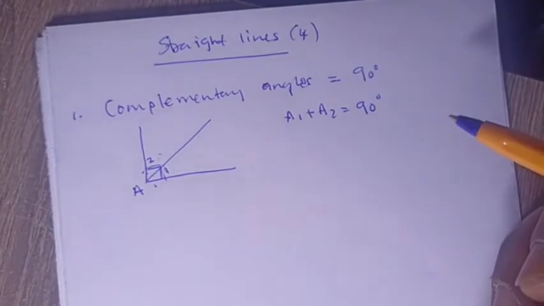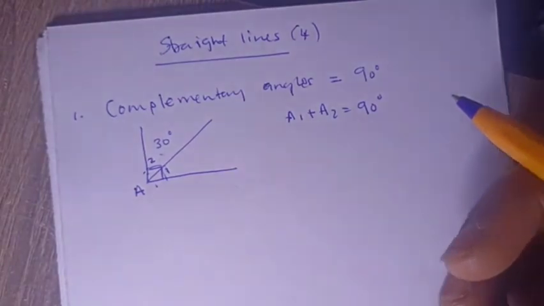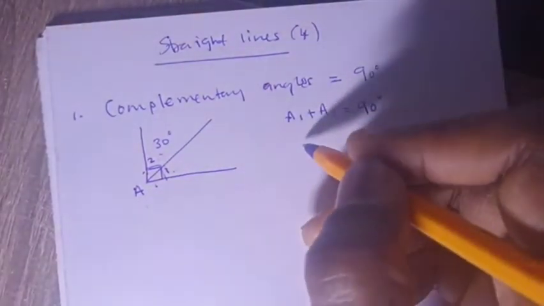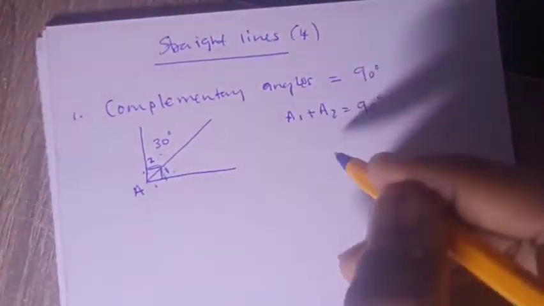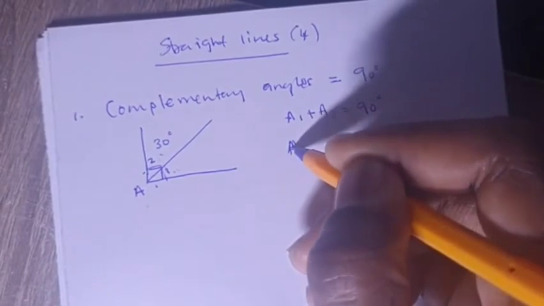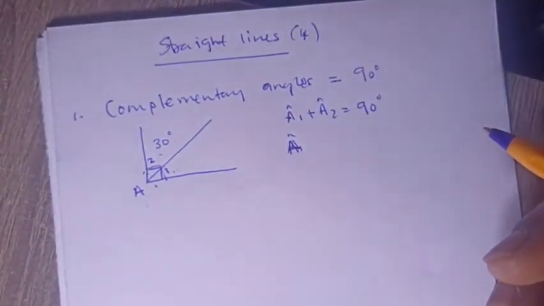So when I add these 2 angles, I must get 90 degrees because they form a right angle right there. So if they tell you that angle A2 is 30 degrees, and they say find the other angle, what are you going to do? You're going to say, in the place of A2, I'm looking for A1. Remember, the symbol for angle is like that.